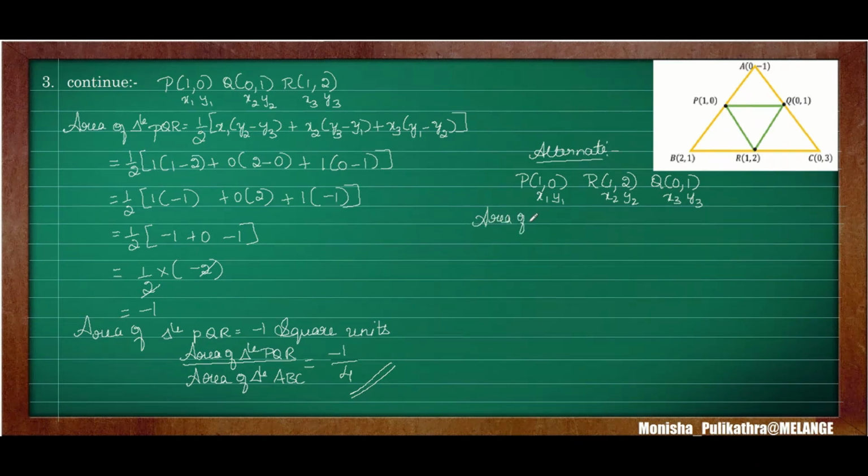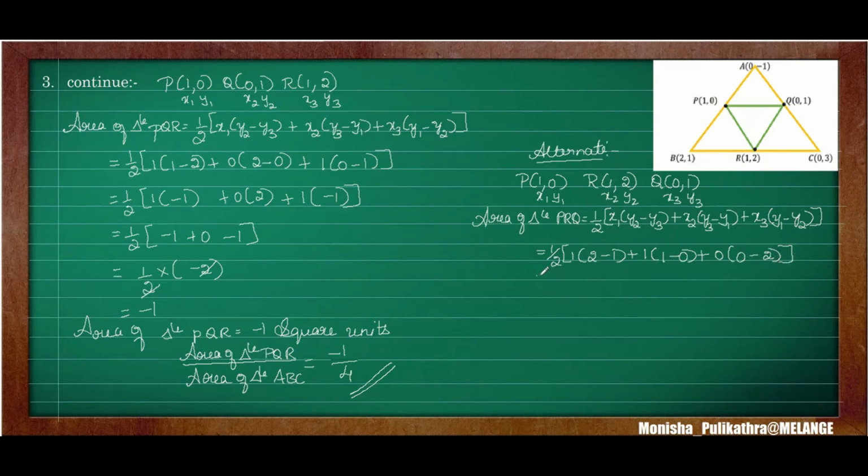So area of triangle PRQ is equal to half into x1 into (y2 minus y3) plus x2 into (y3 minus y1) plus x3 into (y1 minus y2). So here half into x1 is 1 into (y2 is 2 minus y3 is 1) plus x2 is 1 into (y3 is 1 minus y1 is 0) plus x3 is 0 into (y1 is also 0 minus y2 is 2).